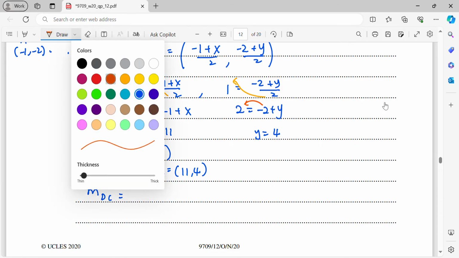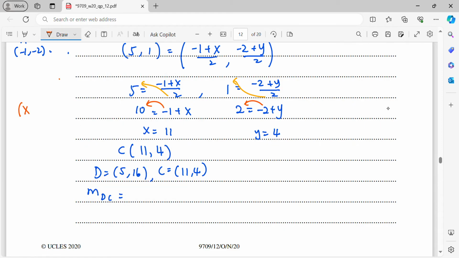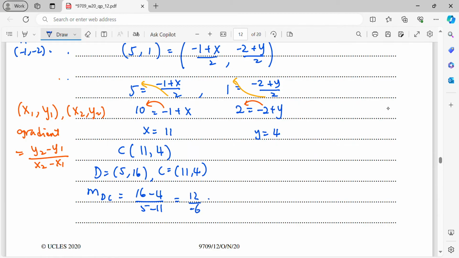Now for your information, if you are given 2 points, gradient equals the difference of the y divided by difference of the x. So here is basically 16 minus 4 over 5 minus 11. Then I will get 12 over minus 6, which is minus 2.